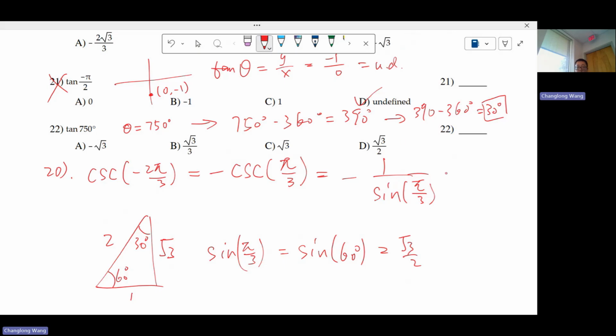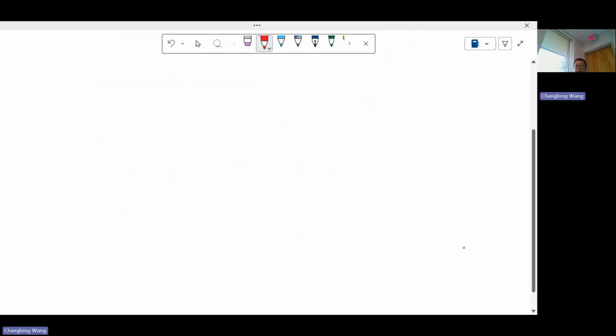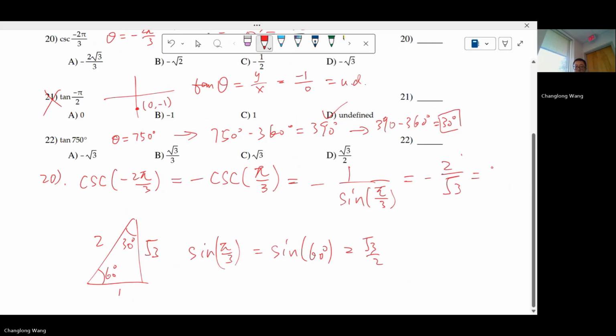But I want the reciprocal, so it'll be 2 over radical 3. And of course, they're not going to give you something like that, so you have to rationalize the denominator. You're going to get negative 2 radical 3 over 3. So that's letter A.